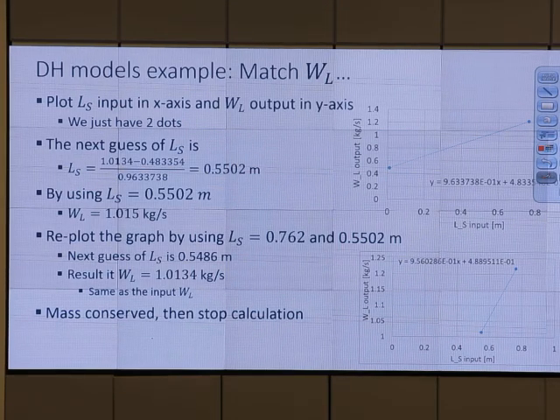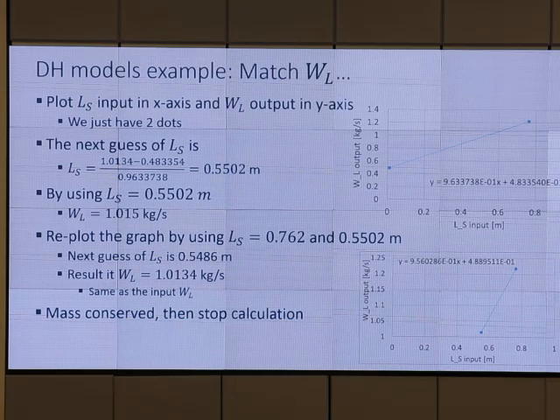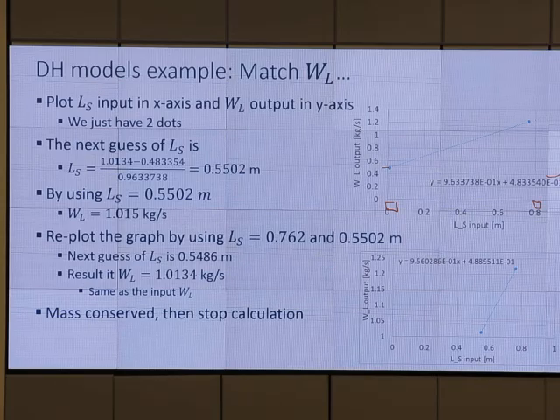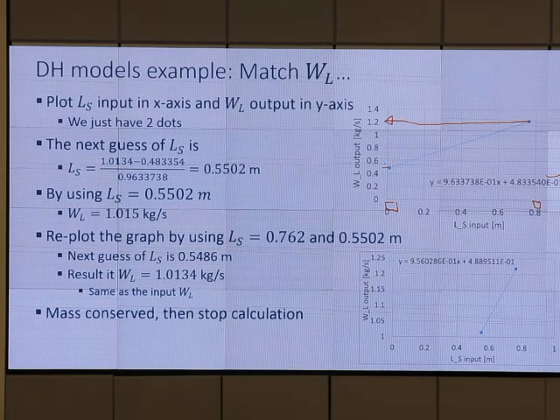So I have two inputs, two outputs. I plot a linear graph. This is my input, I get WL. This is my other input, I get another WL. So I can draw a linear line between those two points.